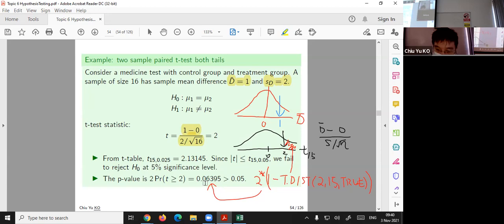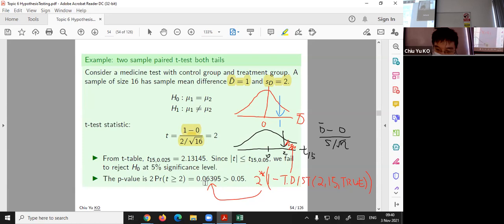If you use 5% as a benchmark, you continue to do more medical tests until you can rule this out and make it smaller. Of course, at a different level than 5%, it would be different. Is that okay?